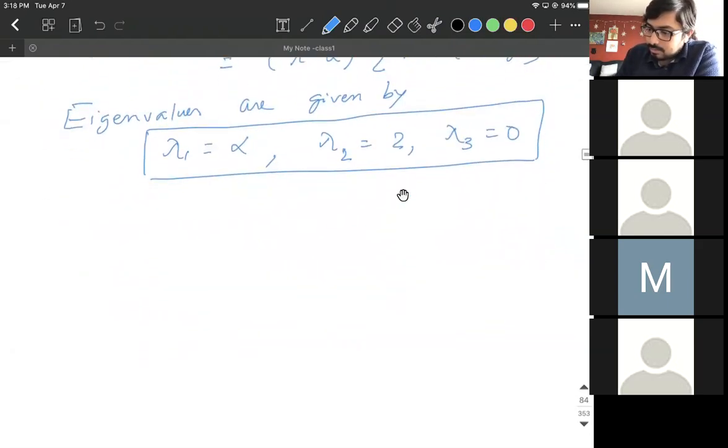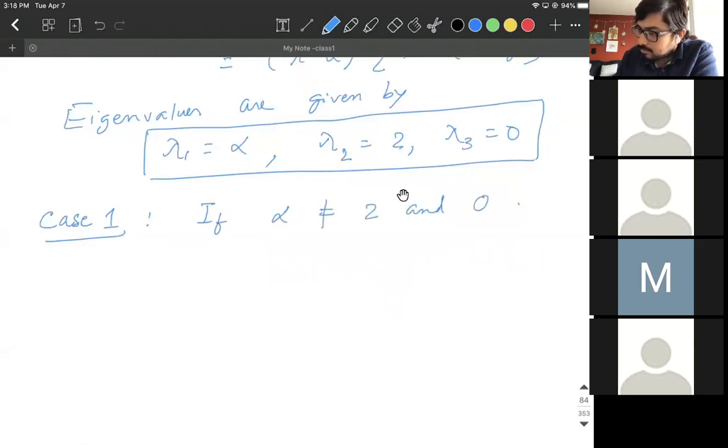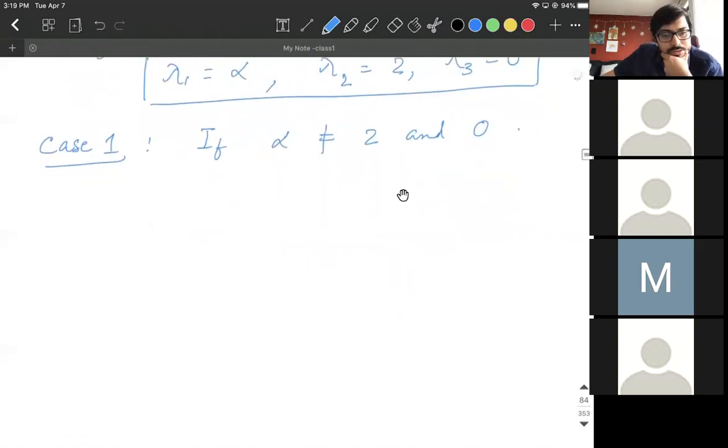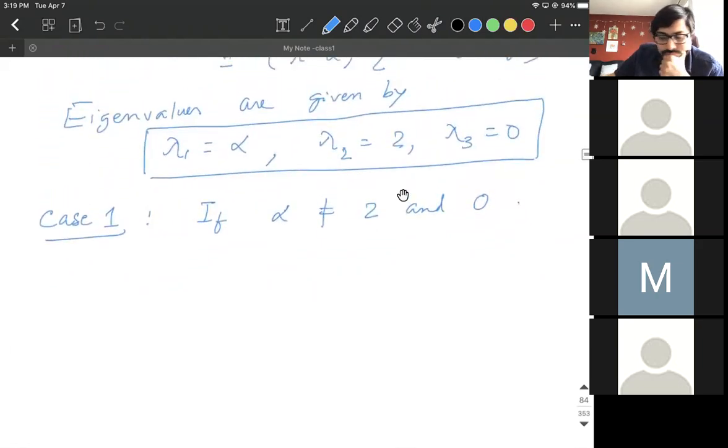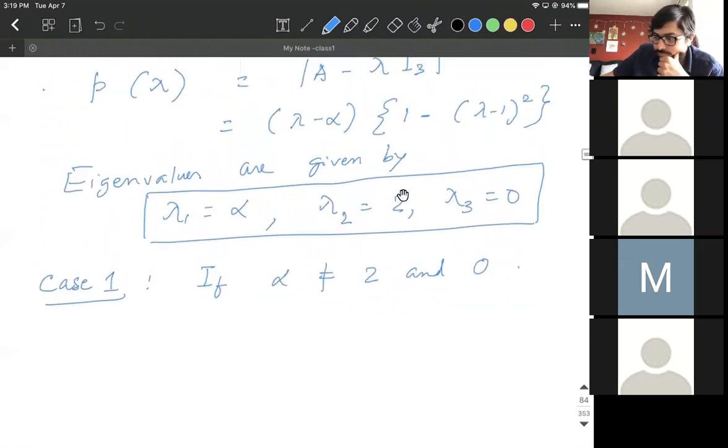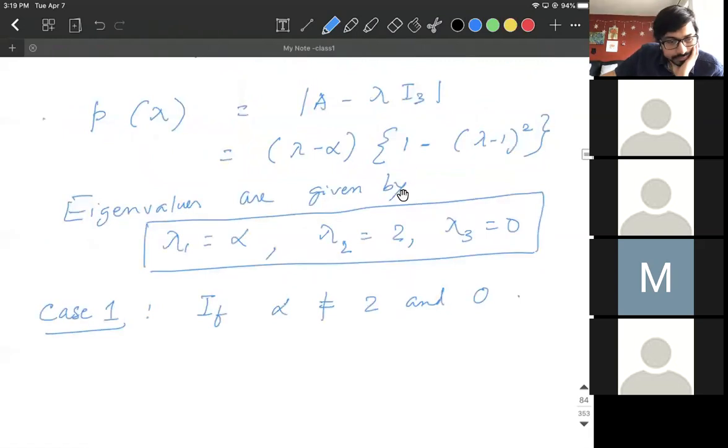Now, case 1. We have to study case by case. If alpha is different from 2 and 0, then what would be the conclusion? Yes, why is that diagonalizable?